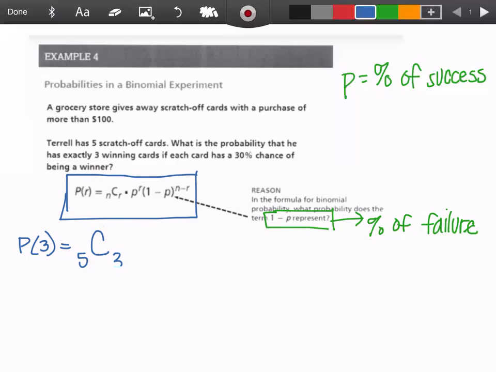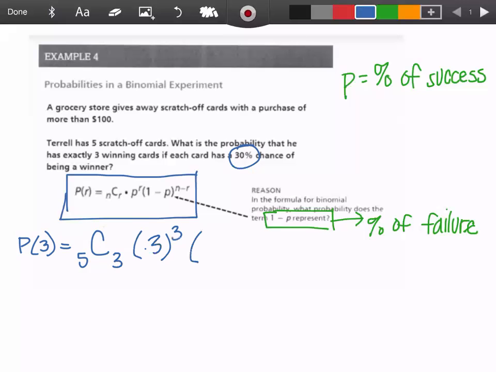So we have 5 combination 3, times, we have a 30% chance of being a winner, so that's 0.3 raised to the 3rd, because we're hoping for 3 winning cards.